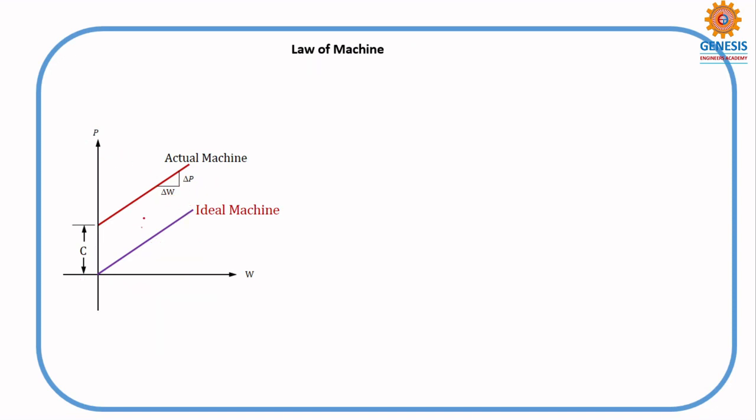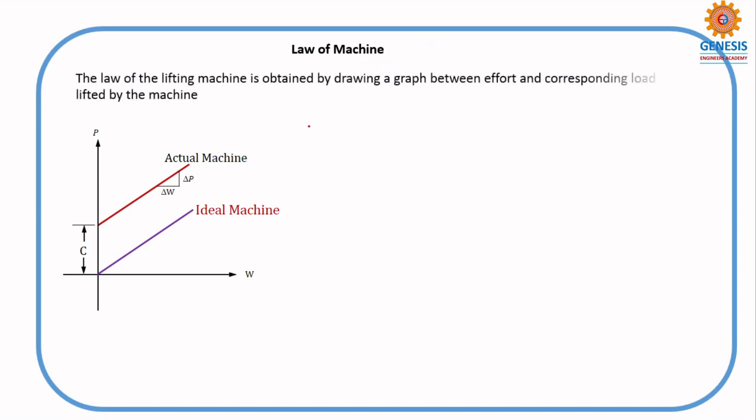The same law, y is equal to mx plus c, is applied to the law of machine. The law of the machine is obtained by drawing a graph between the effort and the corresponding load lifted by the machine.